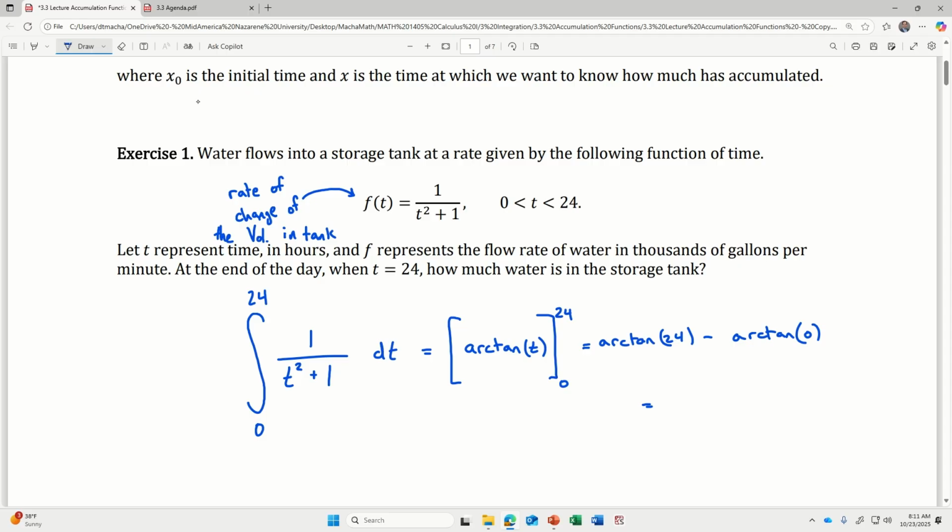You got 1.529 minus 0. And that's in thousands of gallons. 1.529 thousands of gallons of water in the tank.